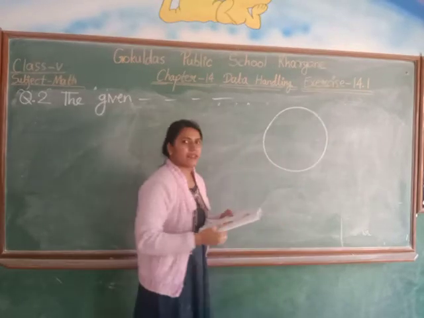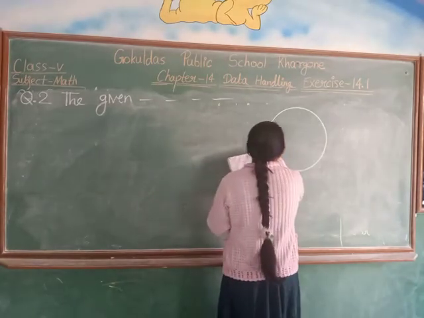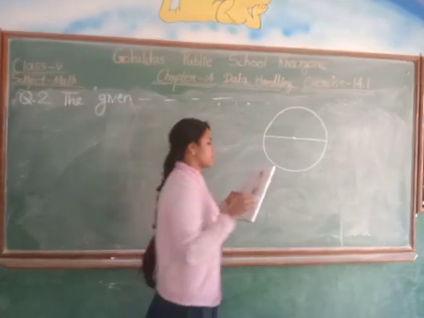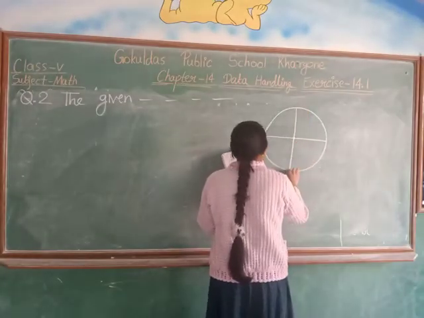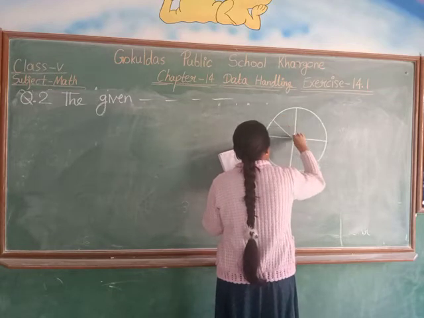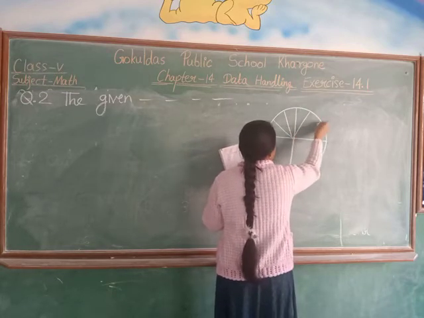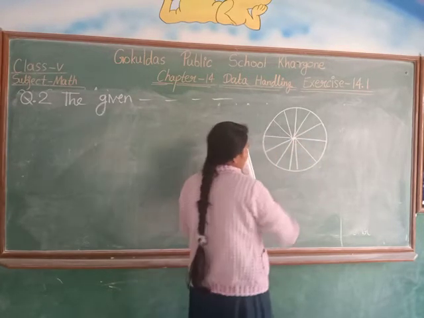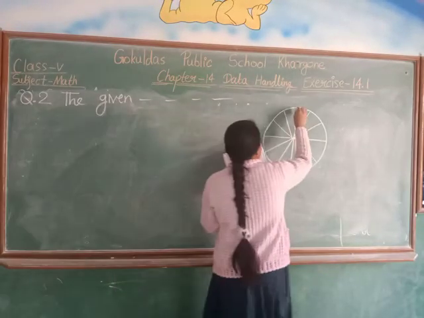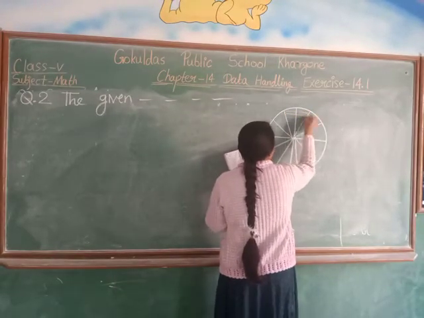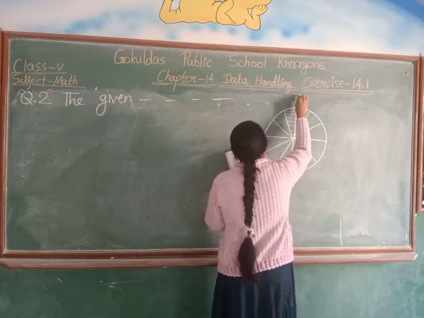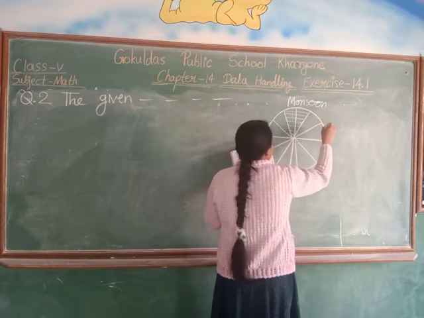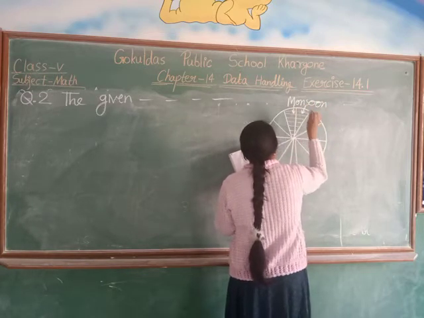A pie chart is already drawn in the question, right? This pie chart is equally divided into 12 equal parts. Now these two parts are showing monsoon.